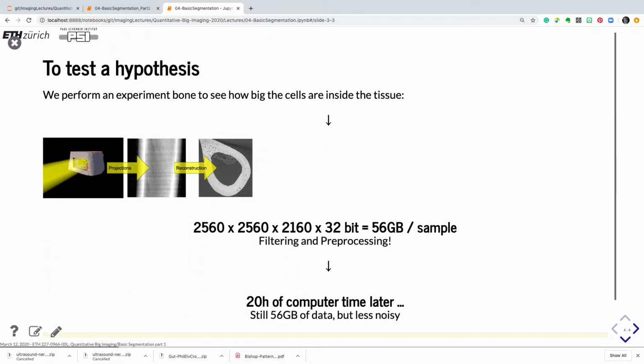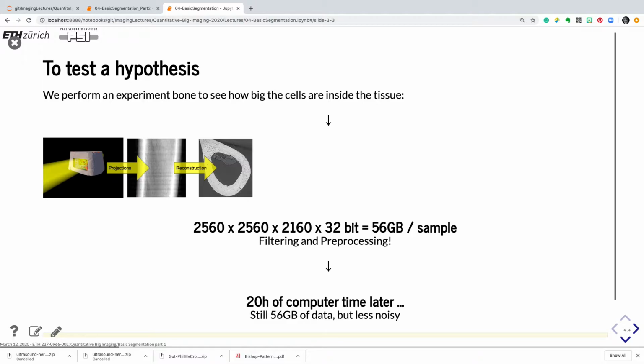And then we make our imaging experiment, and in principle, we start out doing some projections in a tomography experiment that results in a sinogram, which is the information that you need to reconstruct a slice in 3D. And that is what you get here. And when you have done your tomography, you get a pretty big image.